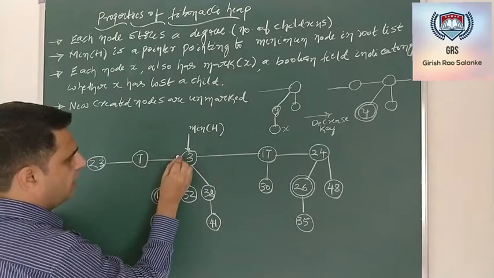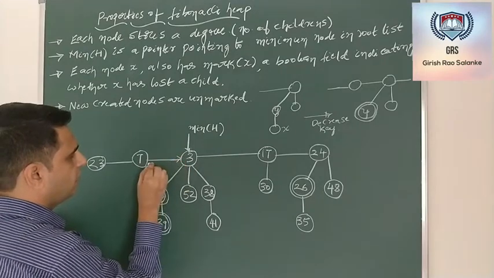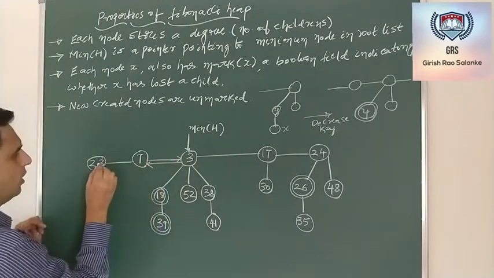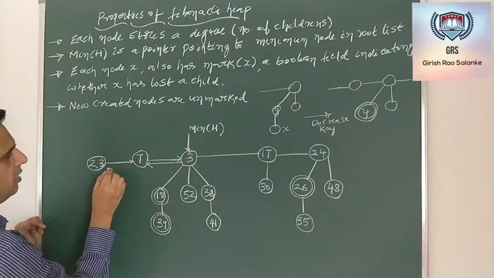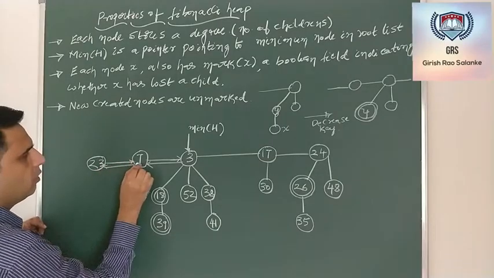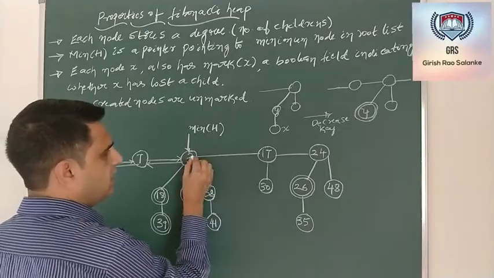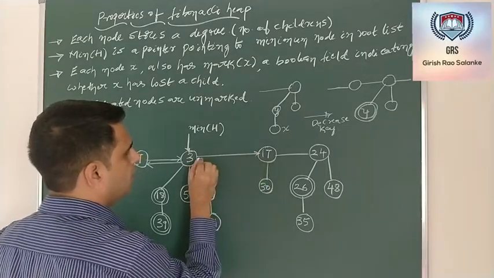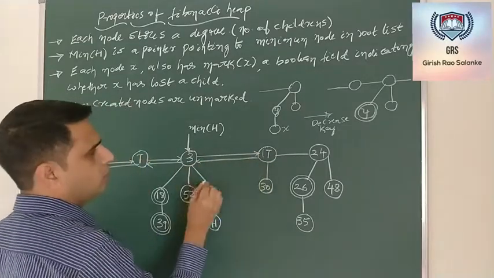Node 7 right pointing to 3, left of 3 pointing to 7, 23 right pointing to 7, and 7 left pointing to 23. Now 3 right pointing to 17, 17 left pointing to 3.